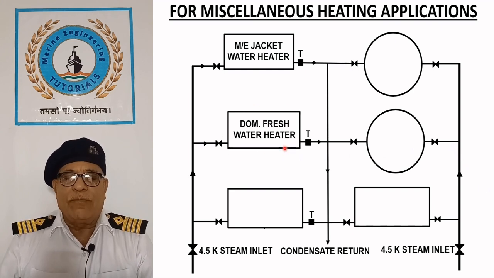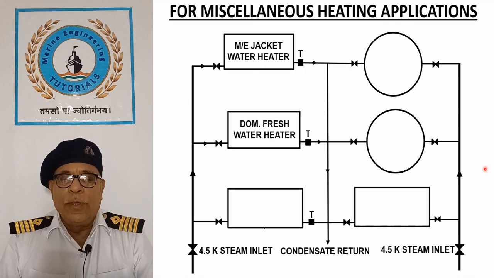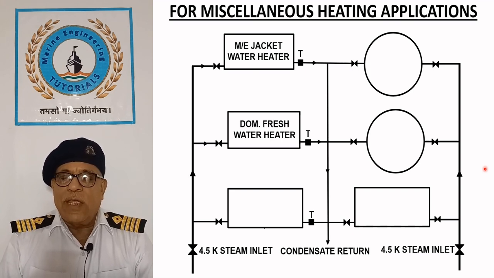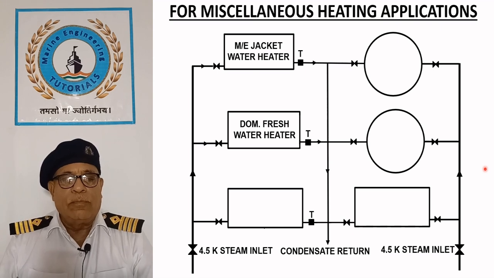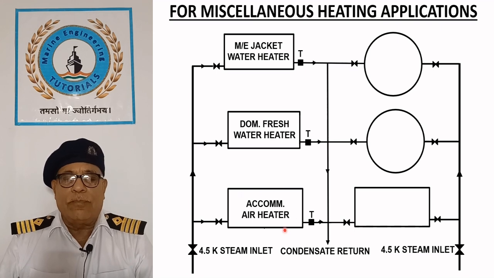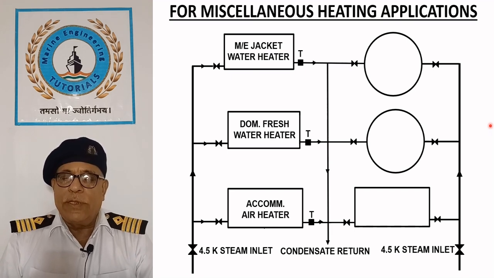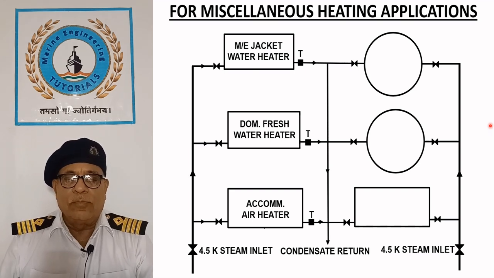Domestic freshwater heater. Fresh water for domestic use in accommodation and the engine room is heated using a steam operated heater called a calorifier. Accommodation air heater. During winter, the accommodation spaces are warmed by heating the air using steam based air heaters.